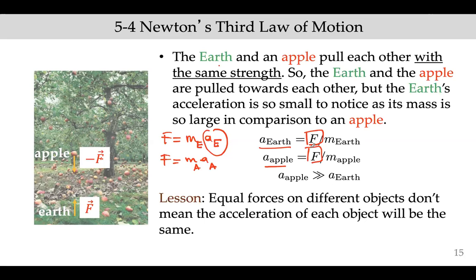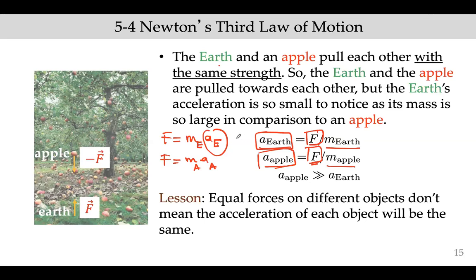You can calculate it from Newton's gravitational attraction formula, which we will see later in other chapters. If you look here, for the Earth's acceleration, you are dividing F by some huge number, so you will get a really, really small number for the Earth's acceleration. For the apple, you have the same force, but you are dividing it by a small number, so you will get a large acceleration.